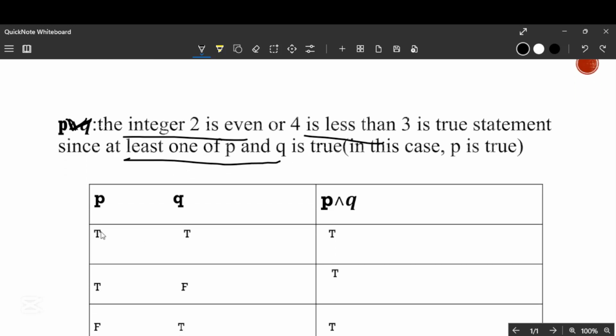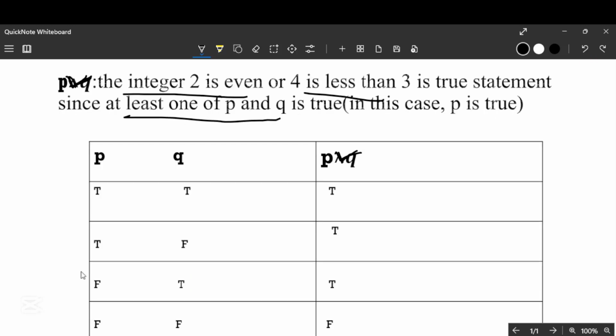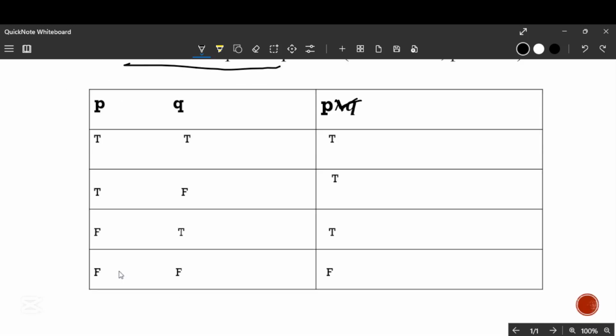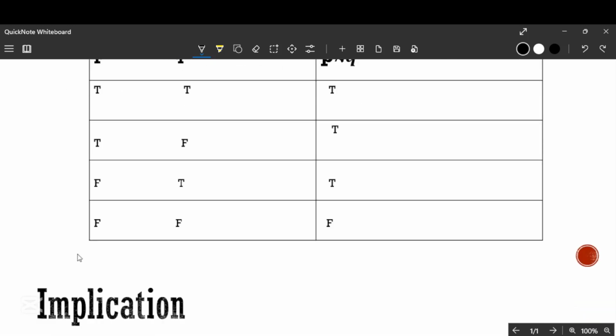So for the truth table for disjunction, true, true is true because at least one of the two statements must be true. True, false is true, because for disjunction at least one should be true. False, true is true, and then false, false is false.